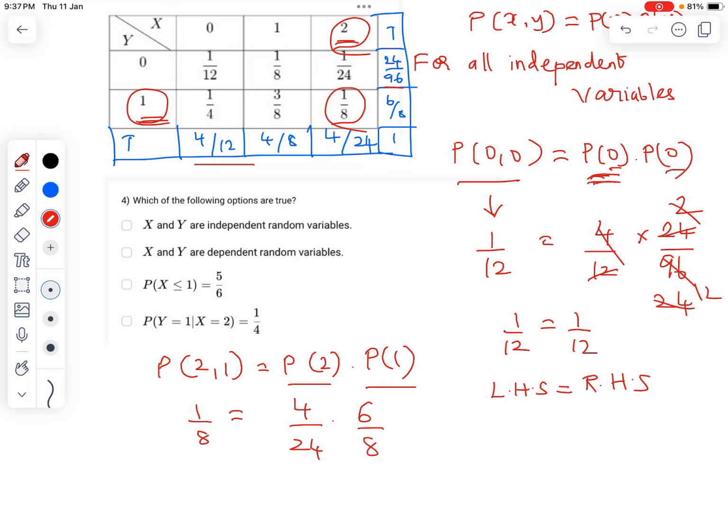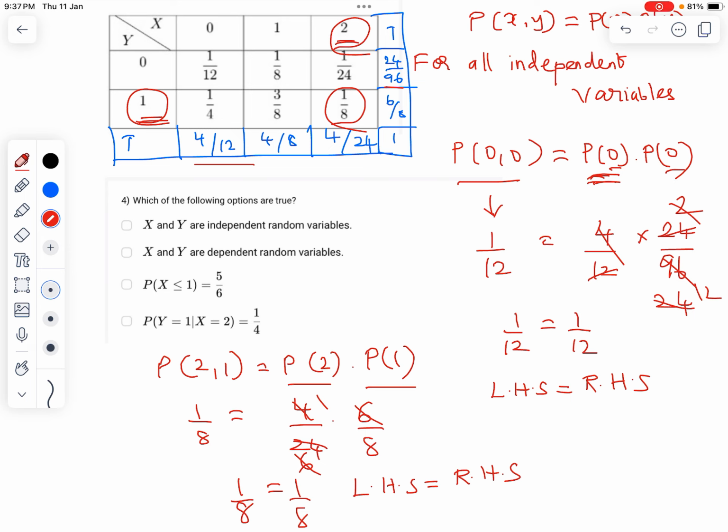Now cancelling the values, 1 4s are 4, 6 4s are 24, 6 and 6 get cancelled. Therefore 1 by 8 is equal to 1 by 8. So here we are proving again LHS is equal to RHS.